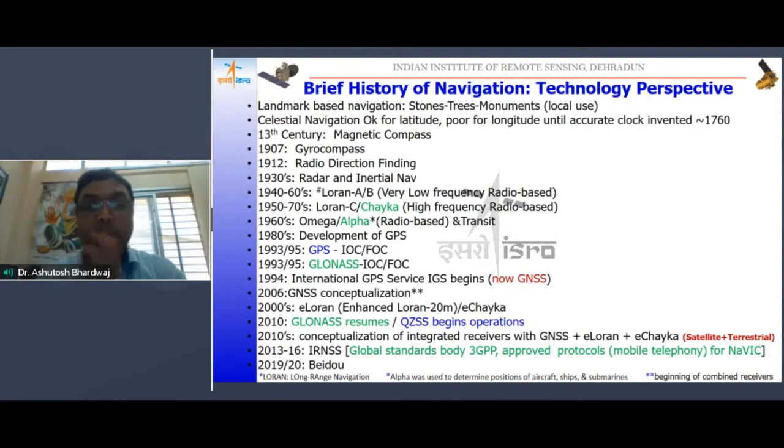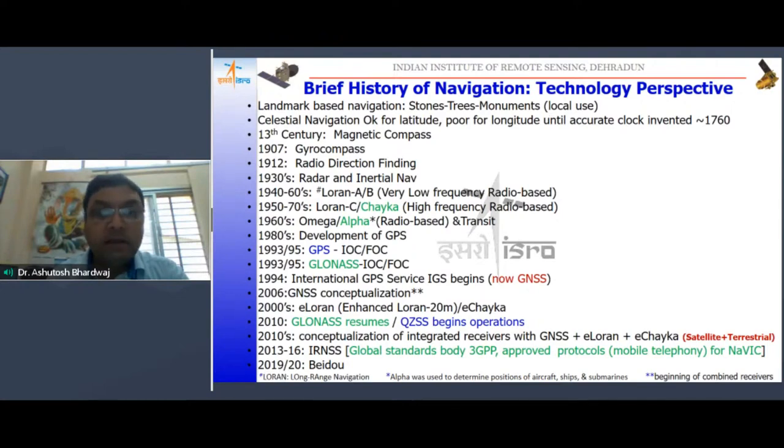Now, this global navigation satellite system is actually part of our age-old problem, which is the origin and destination problem. If we go back into history, we have been using different types of landmarks on stones, trees, and monuments, thousands of years back in a very crude way.